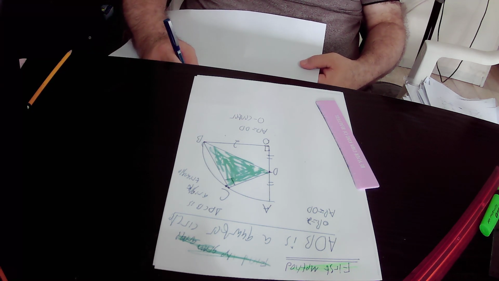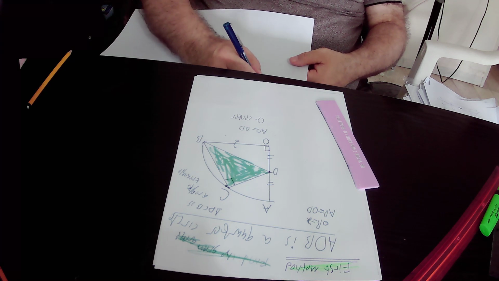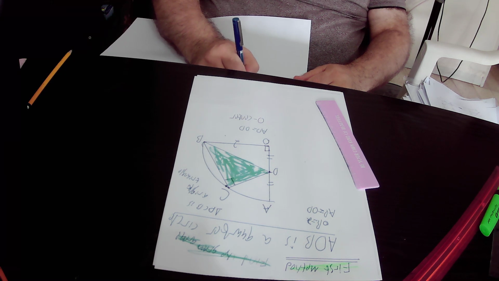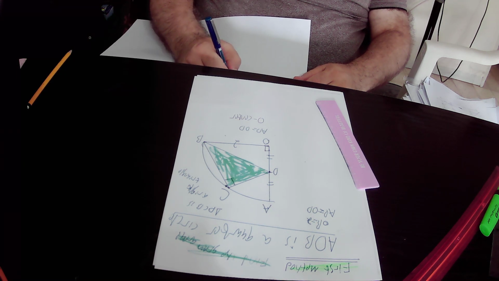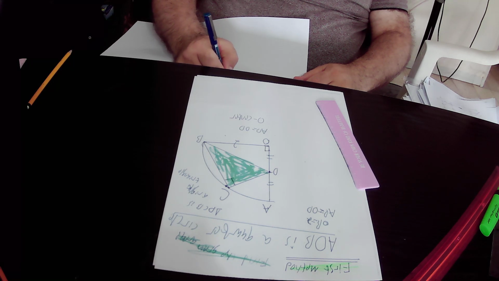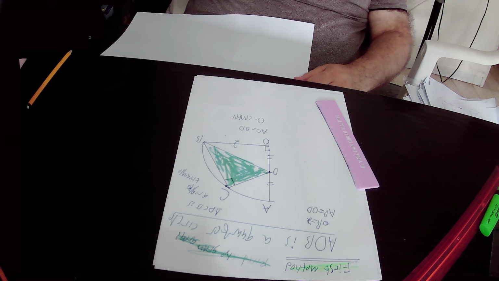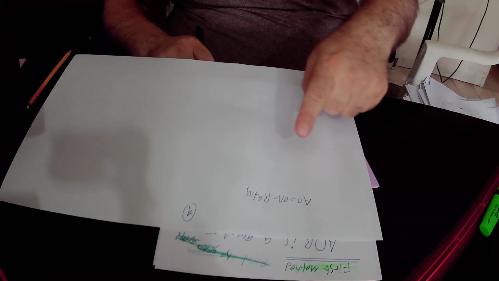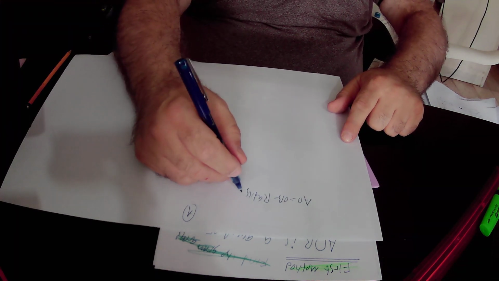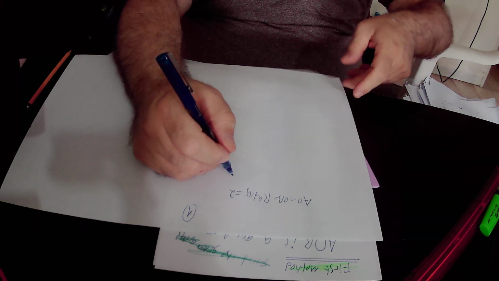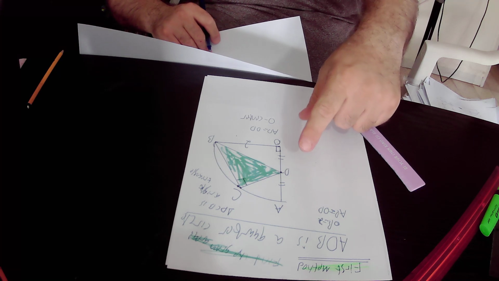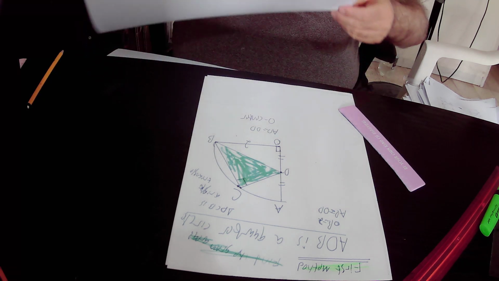Here, AO equals OB. Now, the radius of the quarter circle, AO equals OB, is equal to 2 units according to what is given in the question. But AO, according to the drawing, equals AD plus DO.